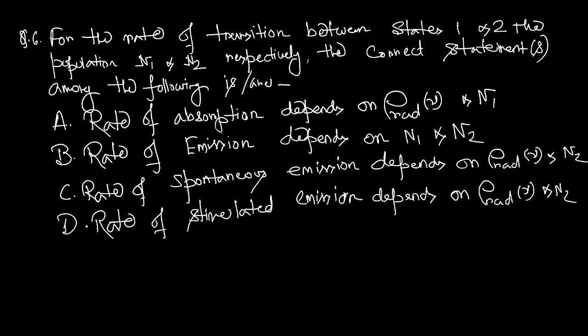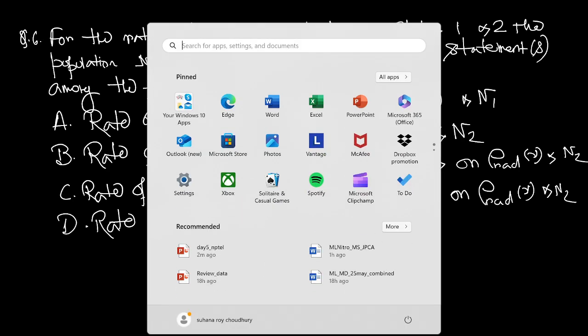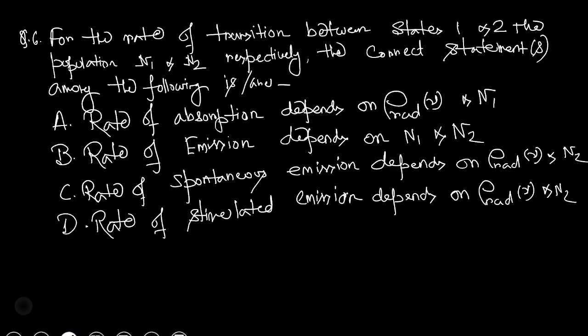Now let's finish the first question, question number 6. The rate of absorption depends on n1 and the radiation density. That is correct. The rate of emission depends on n1 and n2? No, it depends only on n2. The rate of spontaneous emission depends on the radiation density and n2?